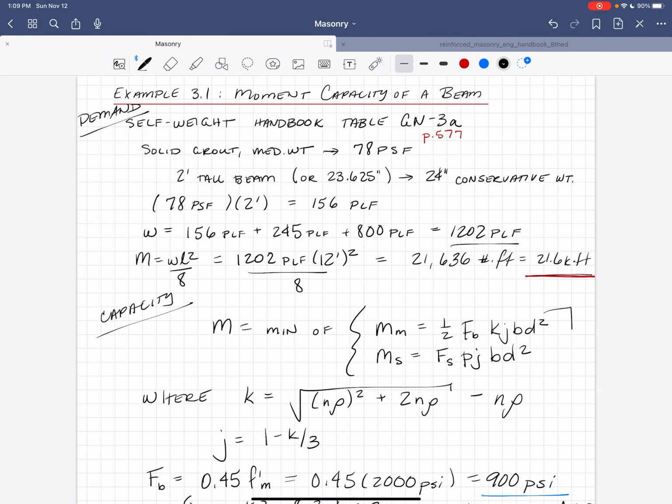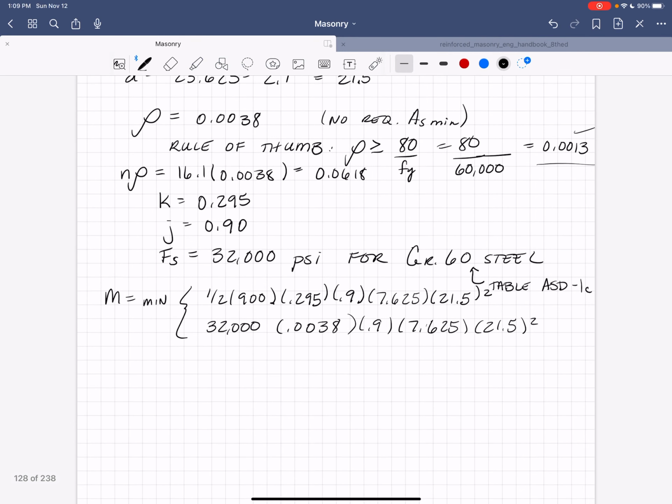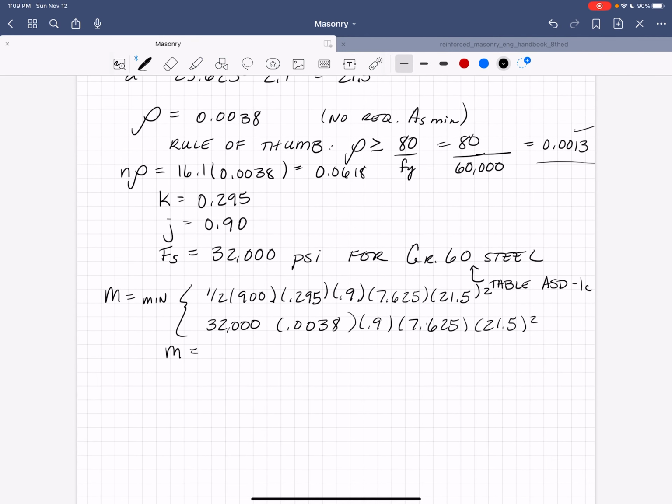Is these guys, all right? M sub M or M sub S. And we were just going through, after I wrote this down, all we've been doing is going through and figuring out what each of those values are in that equation. Okay. So M is the minimum of, if I do those calculations, I get 421.1 kip inch or 386 kip inch.